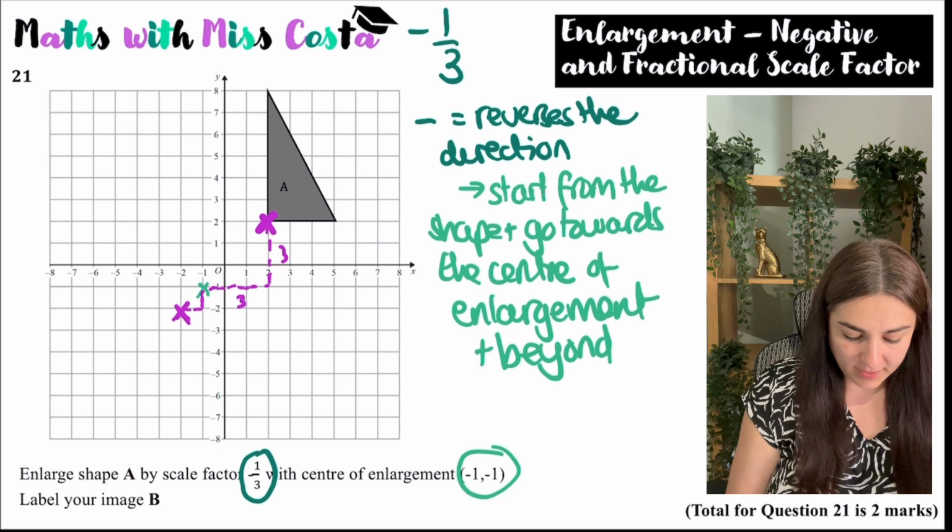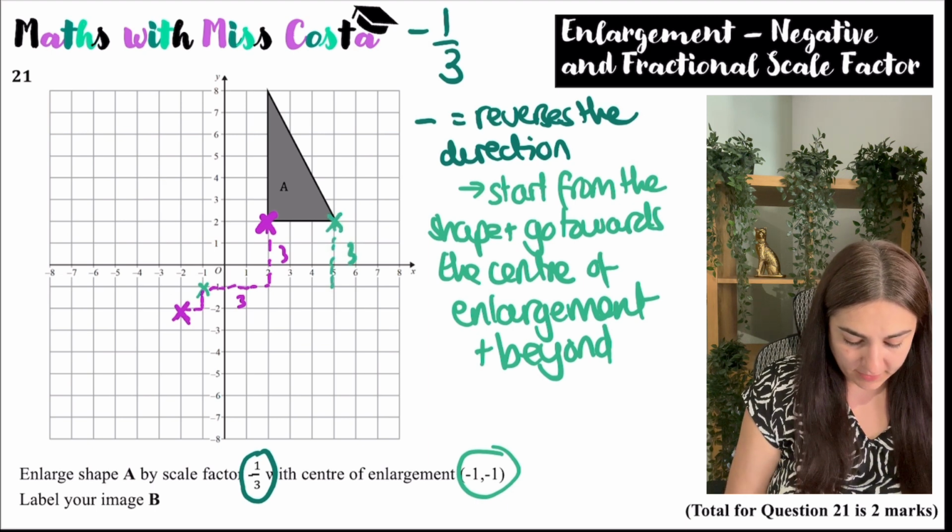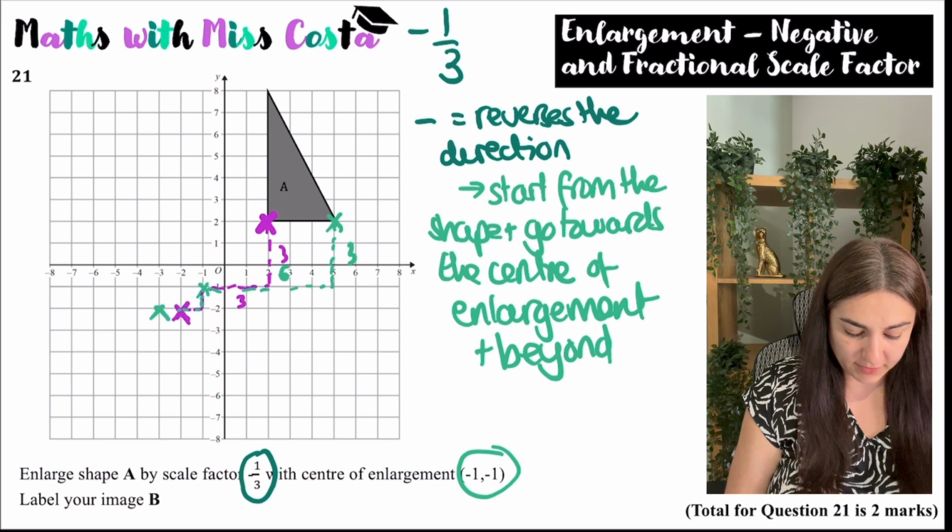That's x. Then I'll do it with another x in a different color. So I go 3 down and 6 across. So I'm going to have to go 1 down, and 6 divided by 3 is 2 across. So that would be where my other point is. And this point here, from 8 to -1, is 9, so I go 9 down and 3 across.